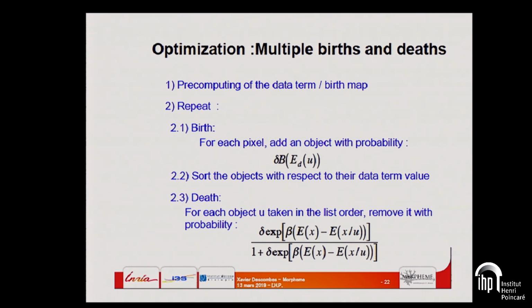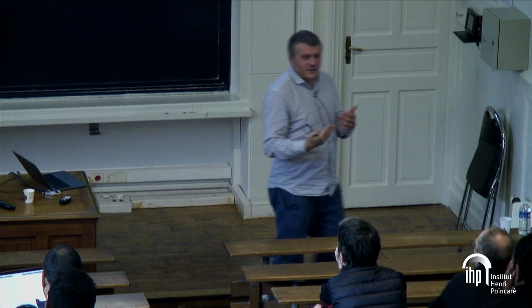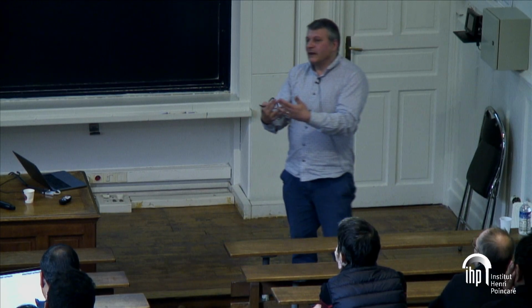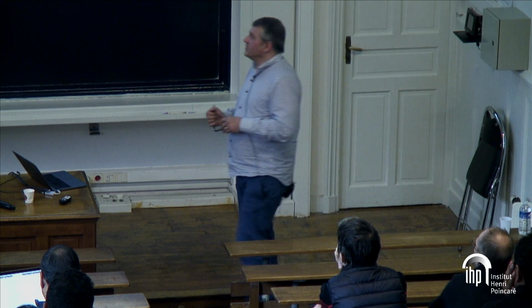Here you can see this delta is in fact a discretization step of the time. We can show that we also have a numerical scheme for decreasing the temperature in order to get the convergence property. Again, the main point is that we work not on one or two objects, as for RJ-MCMC, but with a lot of objects, and then we can still add objects at low temperature, so we still move our system a little bit at low temperature.